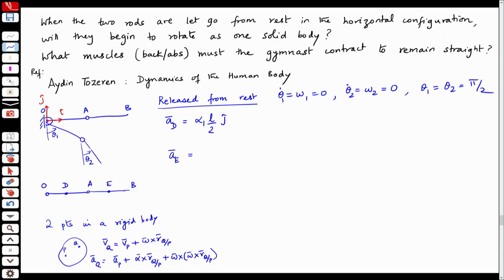In planar motion this all simplifies. This will be alpha times r QP in the tangential direction, and this will be in the radial direction.